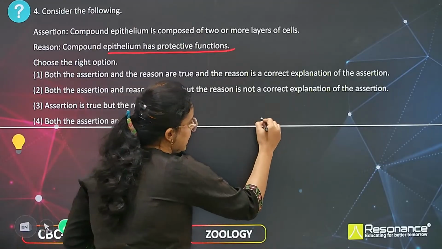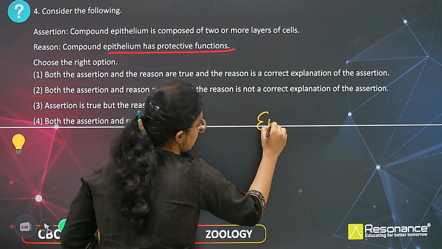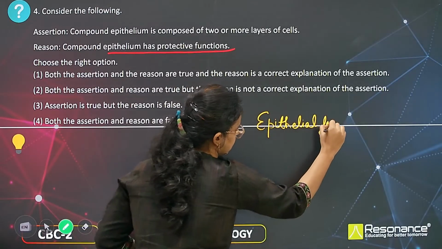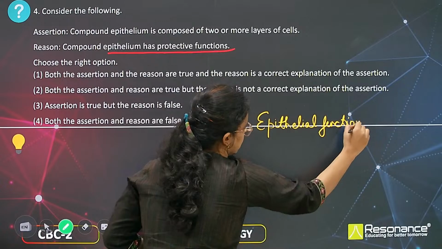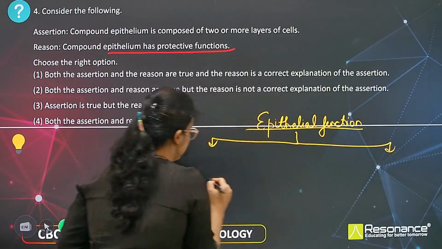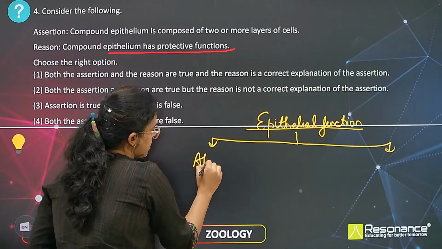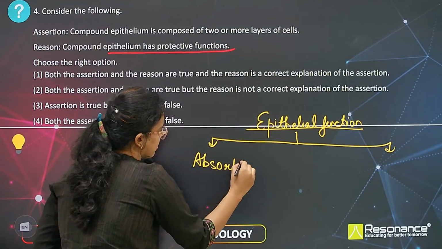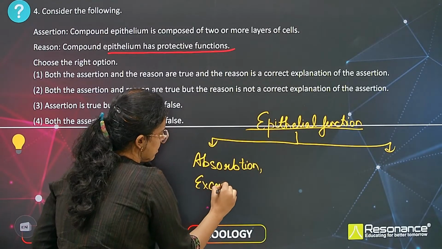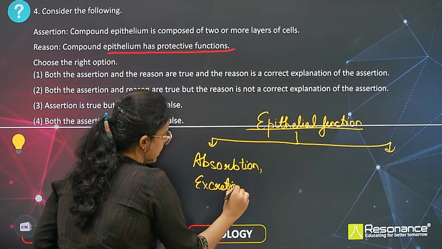Epithelial tissue has two functions. Major functions: one is absorption, excretion, secretions.